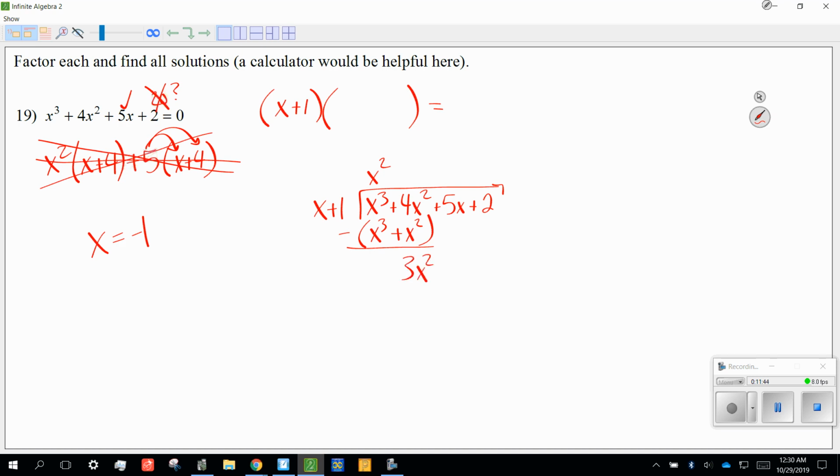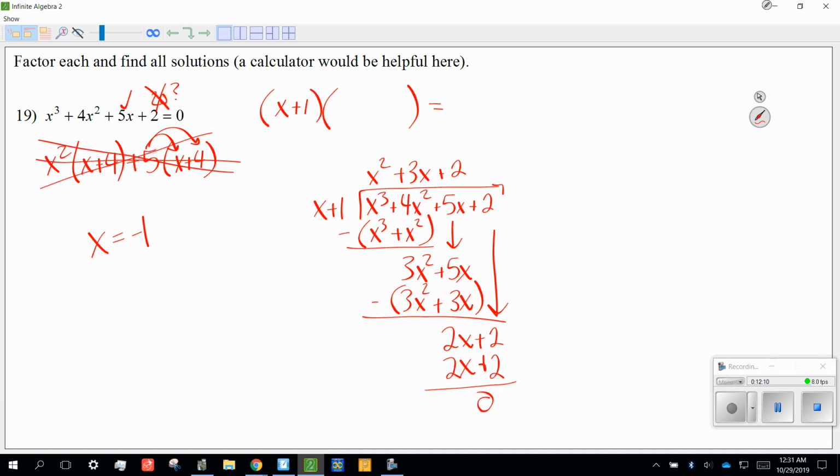We get 3x squared. Bring that 5x down. How many times will x go into 3x squared? 3x times. So we get 3x squared, and then 3x times 1 is 3x. So we subtract that, and we get 2x, bring down the 2, and how many times will x go into 2x? Twice. 2x, and then plus 2, and we get a remainder of 0.